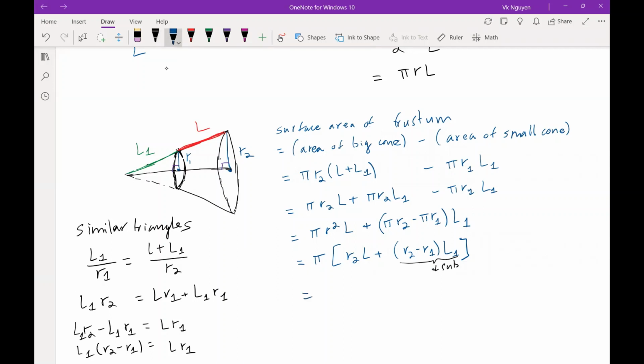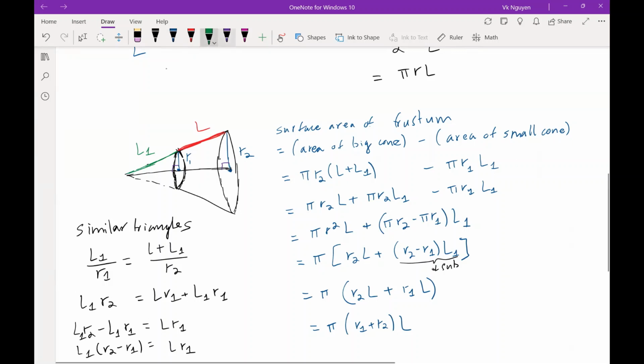And we have pi r2 L plus r1 L. So this would be pi r1 plus r2 times L. r1 plus r2 over 2 is the average, right, of the middle one.